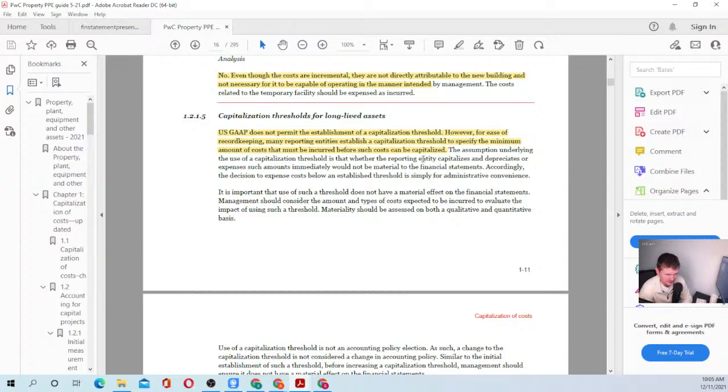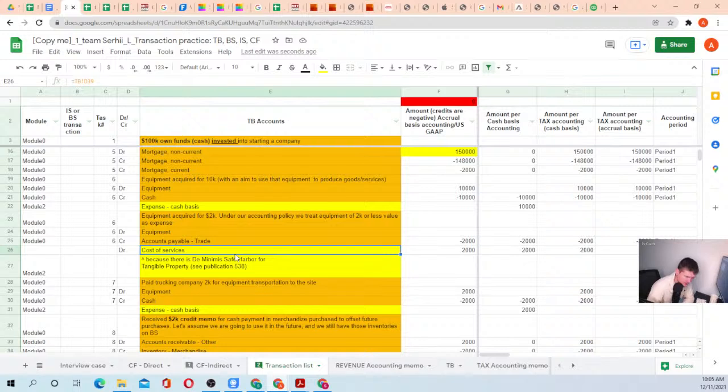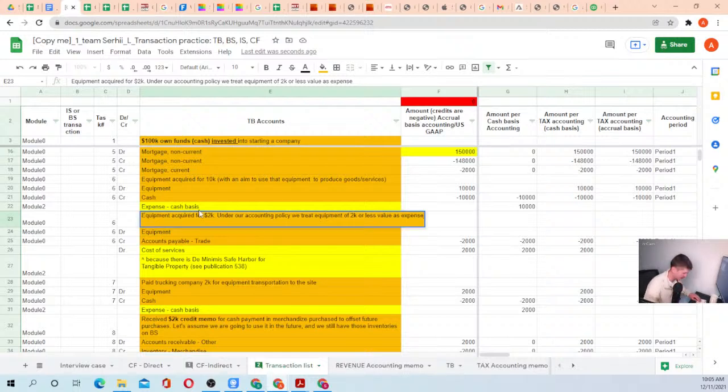And the assumption for why we can do that is when we can prove that any effect from such a threshold will be immaterial. So let's add this comment here, just in case.